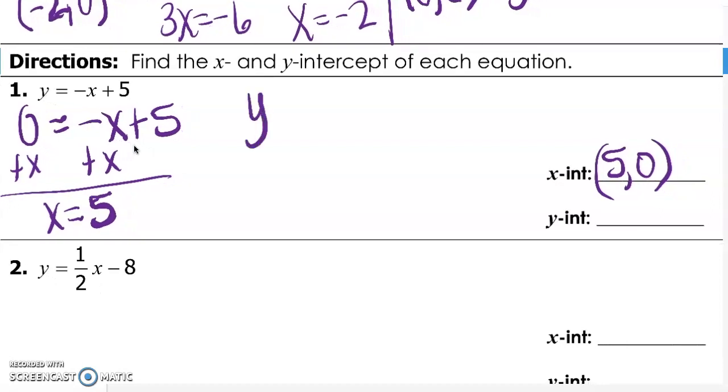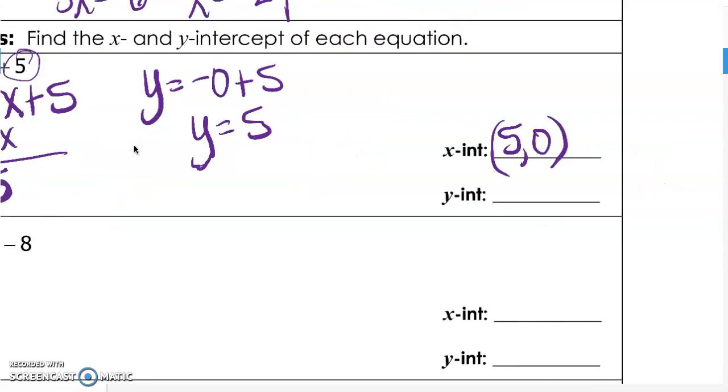The y-intercept would be y equals negative 0 technically plus 5, so just 5. Again, you really shouldn't have to plug that in because it's already in slope-intercept form, so you should know it's 5. So 0, 5 is the point for the y-intercept.